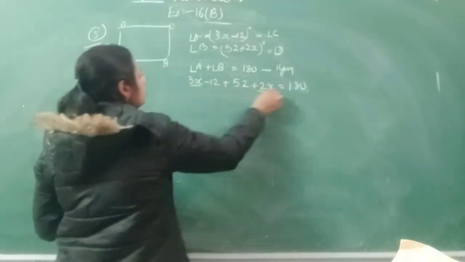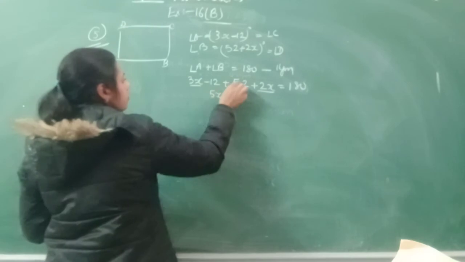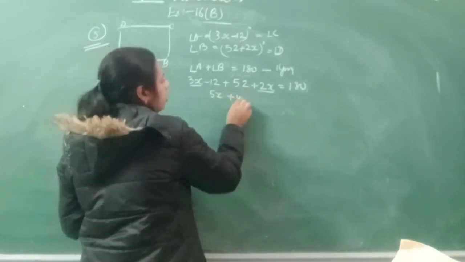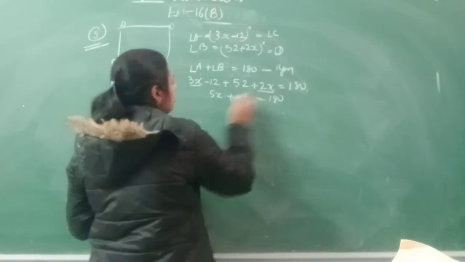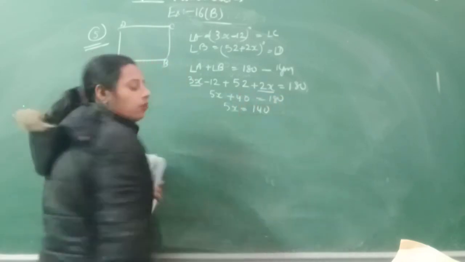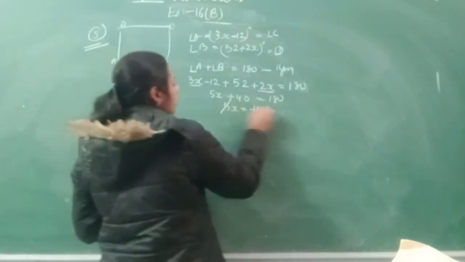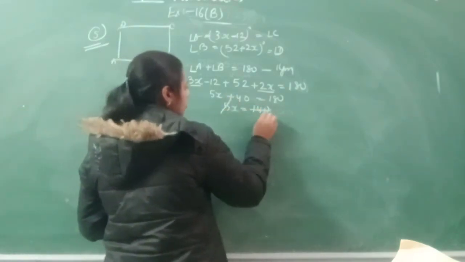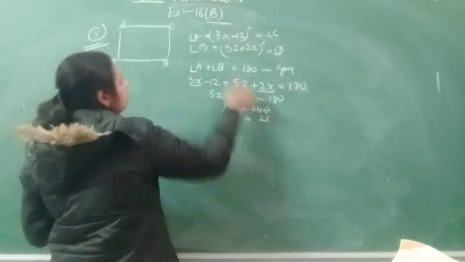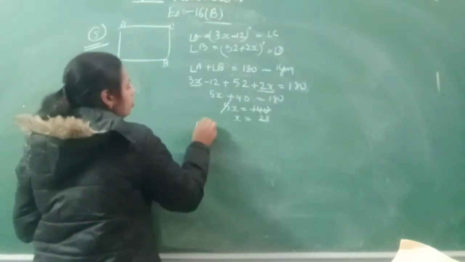So 3x plus 2x is 5x, and 52 minus 12 is 40, equal to 180. So 5x will be 140, 180 minus 40, that is 140. So the value of x will be 28. Put these values in angle A and B and get your answer.